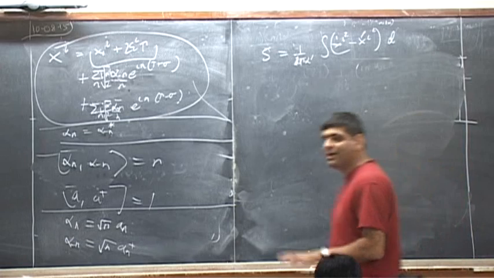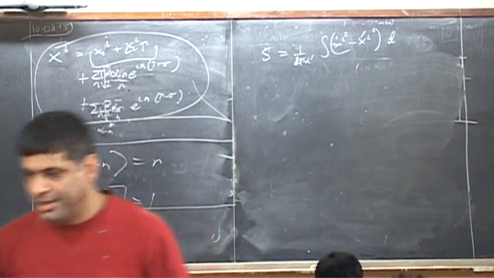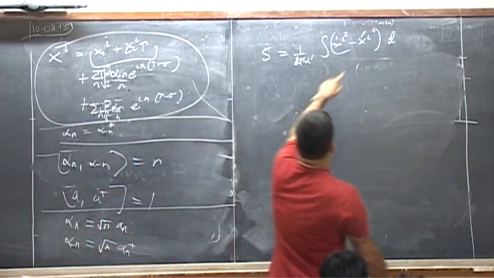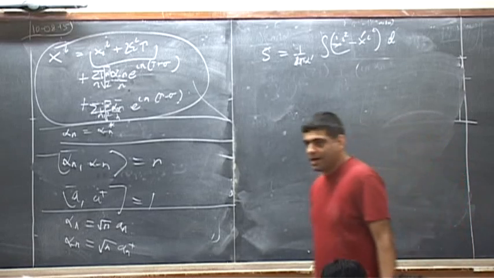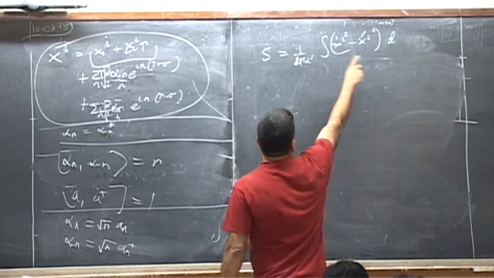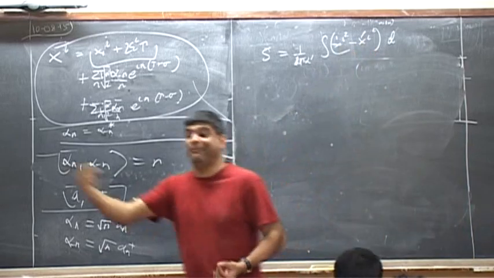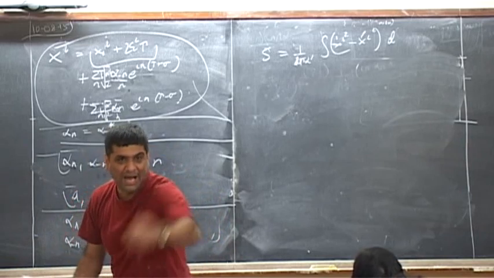Okay, now let's work out this action restricted just to zero modes. That's extremely simple, because firstly, this xi prime stuff doesn't contribute. So we just get xi dot. So zero modes behave just like particles, because there's no dependence on sigma, it's just dependence on tau.